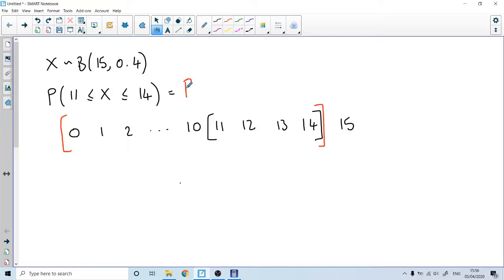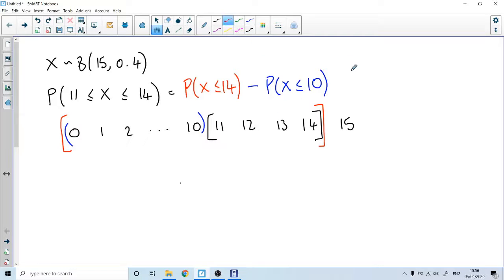So that's the probability of x being less than or equal to 14. Now the problem with that is we've included x being 0 up to 10. So we need to subtract the probability of being in this region from 0 up to 10. So that's the probability of x being less than or equal to 10. And if I do that subtraction, I'm going to end up with just this probability of 11 to 14.